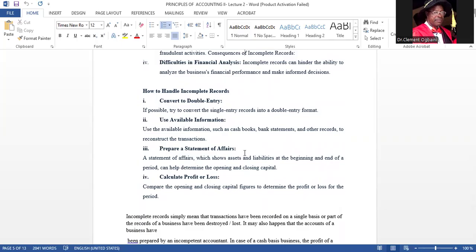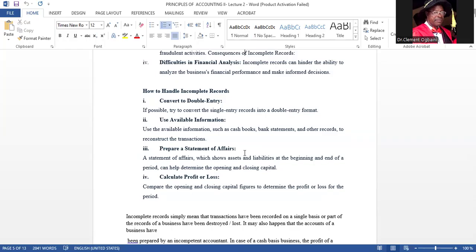What we mean is that if the records were recorded as single entry, just like a diary, you say day one, sales was made, day two, purchases was made, day three, NEPA bill was paid, day four, repairs and maintenance were paid, day six, salaries were paid, like that.